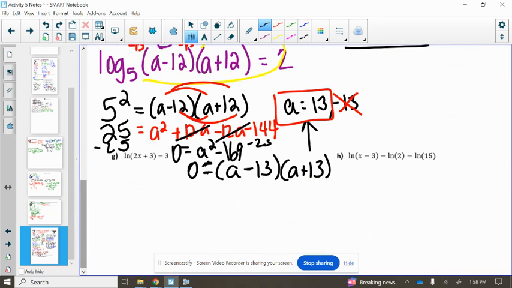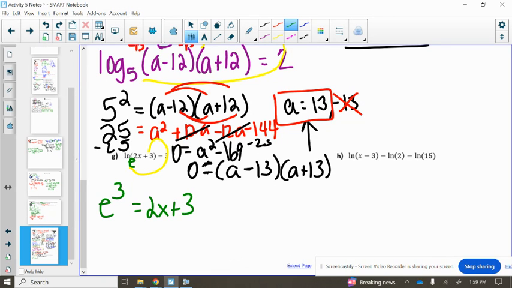All right, down at the bottom, we have a couple more examples for you. This one, we are starting off with ln. So reminder, ln is the same thing as saying log with the base of e. And similar to what we did up above, we are able to rewrite this as an exponential because the base of my logarithm is the base of my exponential: e to the third power equals that piece in parentheses.